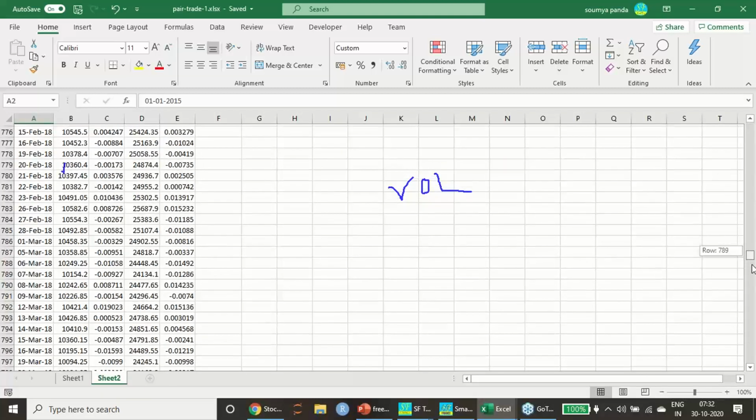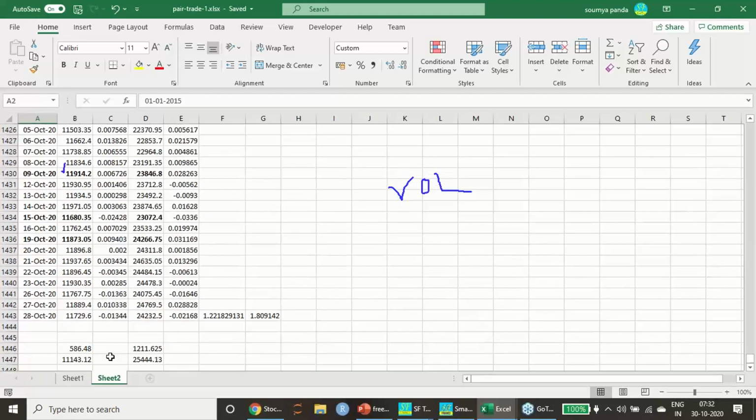So I have taken all the prices of Nifty as well as Bank Nifty. Why have I taken them? I am going to derive one pair trade decision out of that.